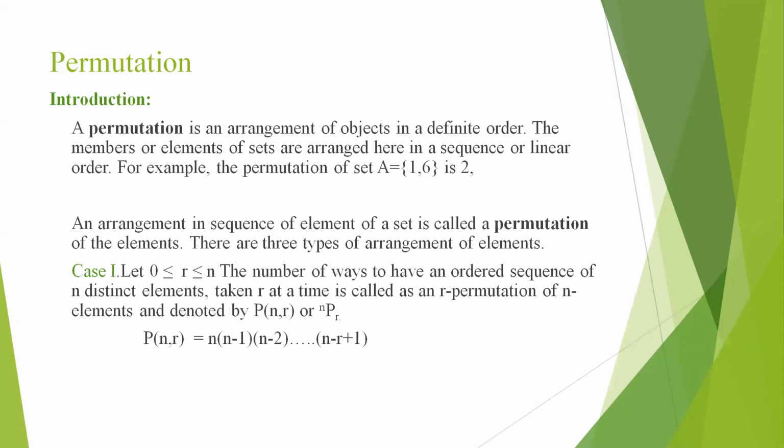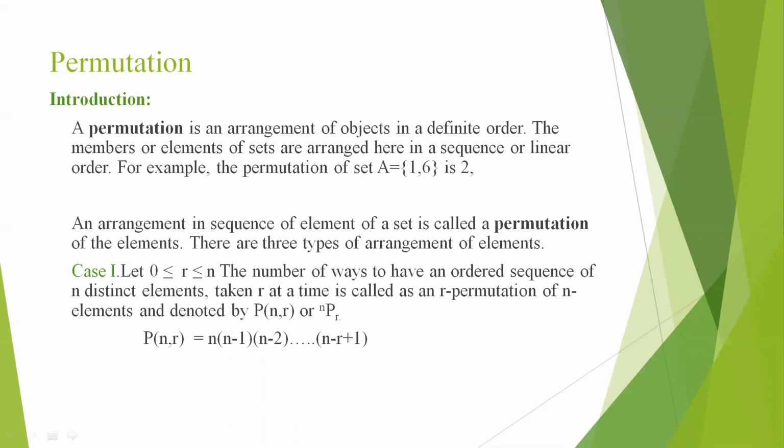In this case, the first place in the sequence can be filled in n ways, then the next in n minus 1 ways, then the next in n minus 2 ways. Proceeding in this manner, the rth place can be filled in n minus r plus 1 ways.